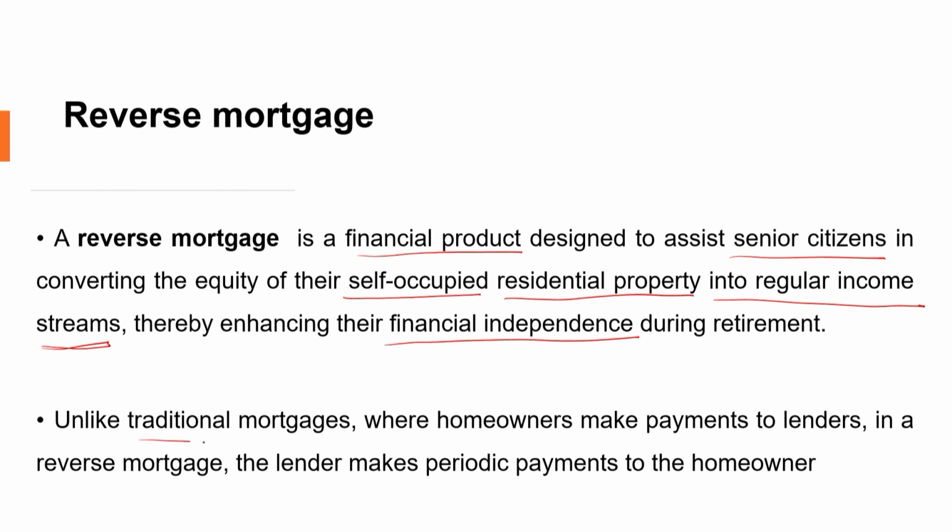Unlike traditional mortgages where homeowners make payments to the lender, here in the reverse mortgage the lender makes periodic payments to the homeowner for the purpose of financially assisting them in having a regular source of income.